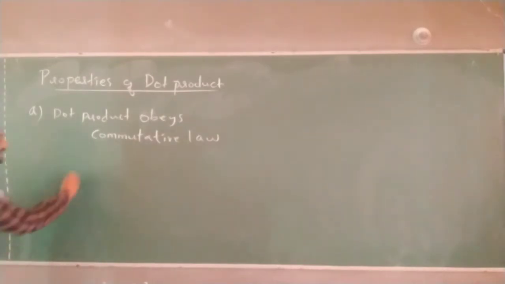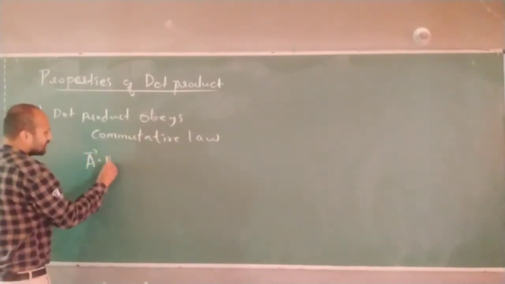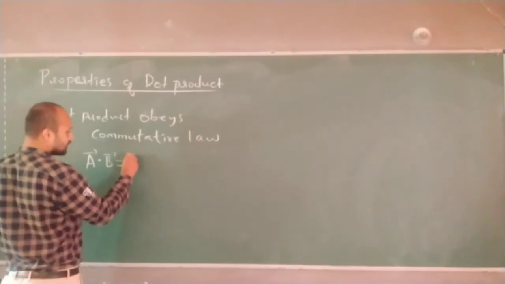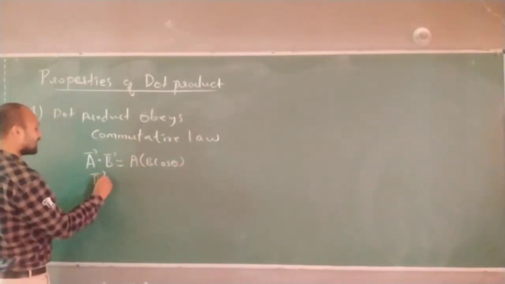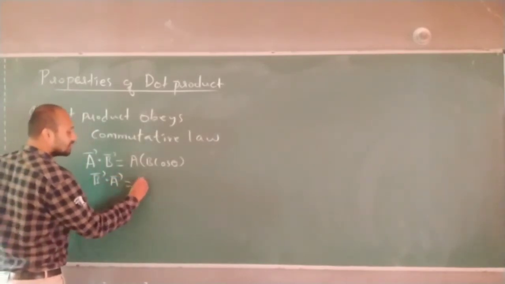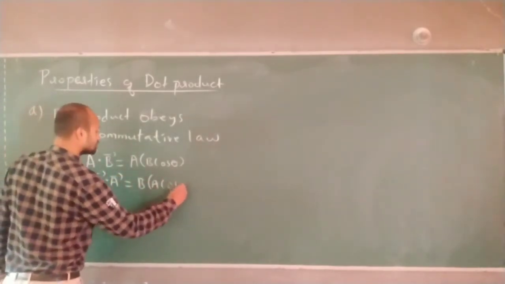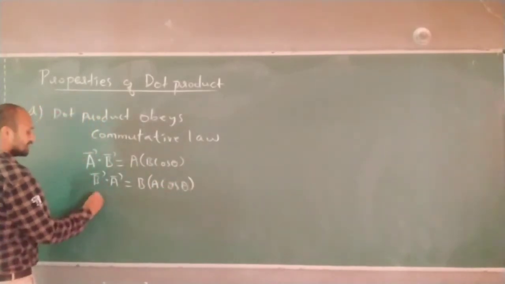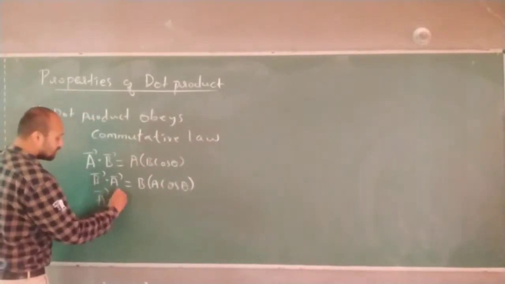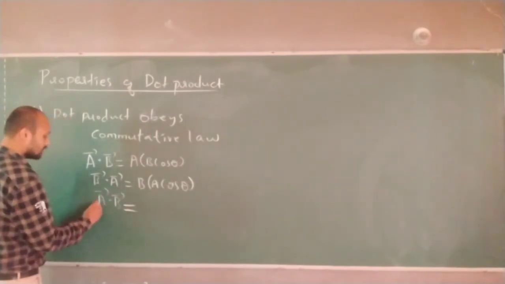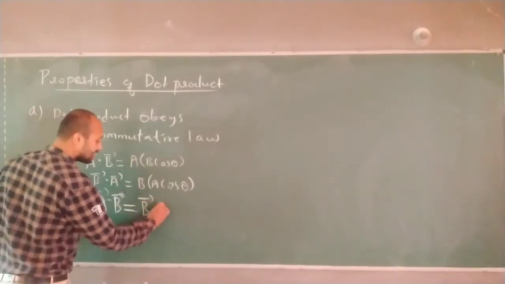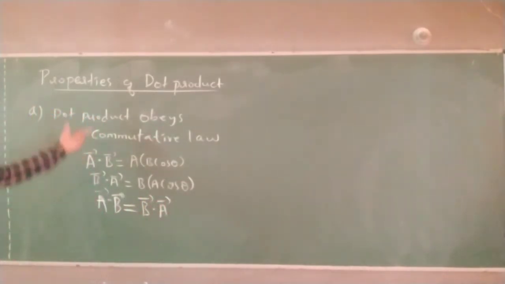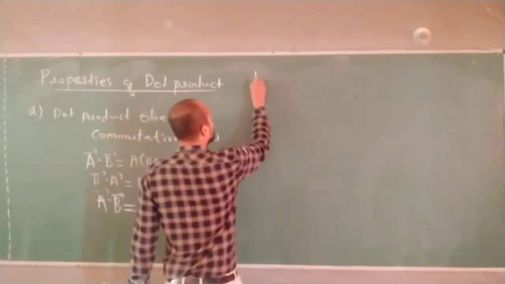I can write A dot B equal to A into B cos theta, and B dot A is nothing but B into A cos theta, such that A dot B equals B dot A. This is the first property: dot product obeys commutative law.